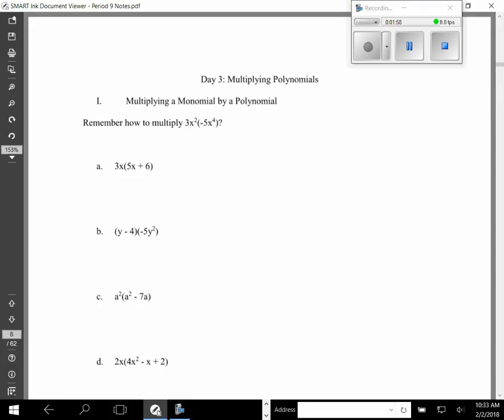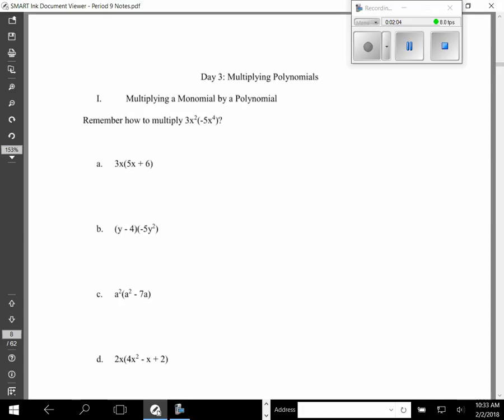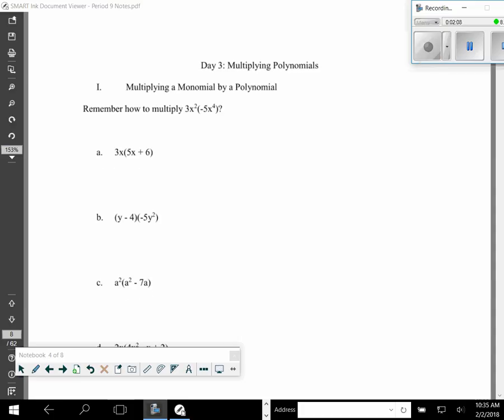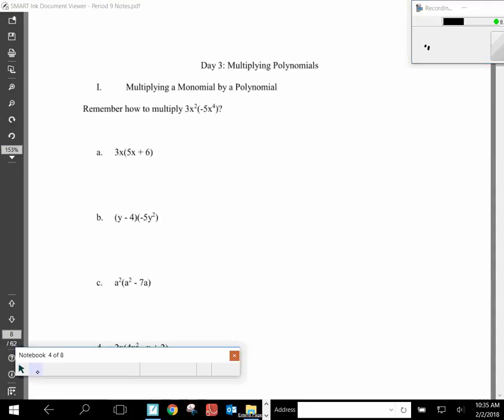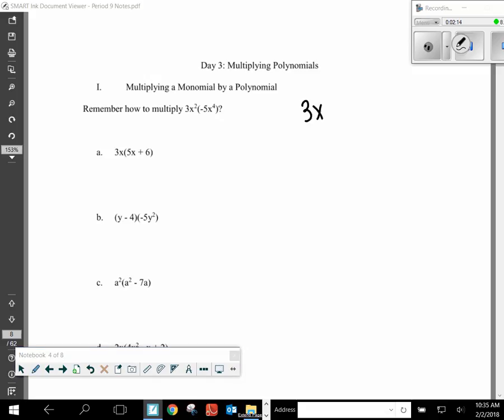All right, so we are multiplying today. And in the first unit, we learned how to multiply. Okay, so in our first unit, we learned how to multiply 3x squared times negative 5x to the fourth. We use the commutative property because we know the coefficient 3 and the variable x squared, there's multiplication between there.